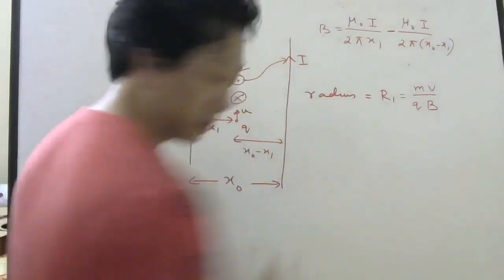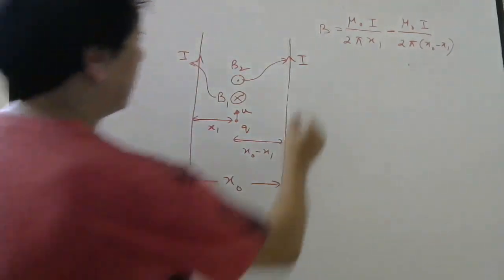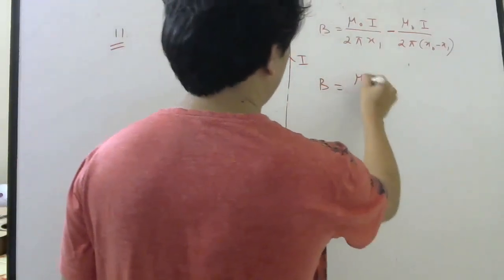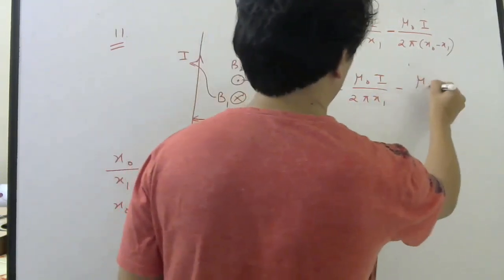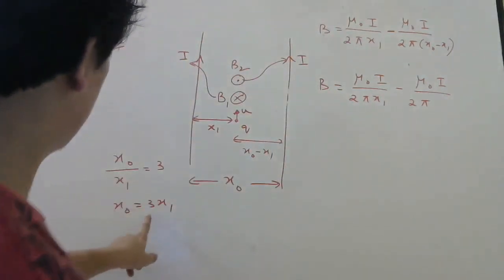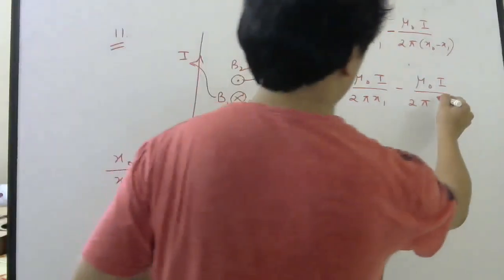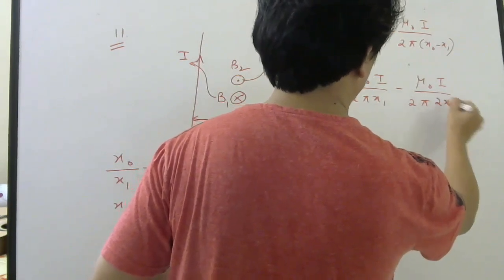So I can write, let me remove this also. The magnetic field will be mu naught I by 2 pi x1 minus mu naught I by 2 pi times x0 minus x1. x0 is 3x1, so 3x1 minus x1 will be 2x1. Correct?